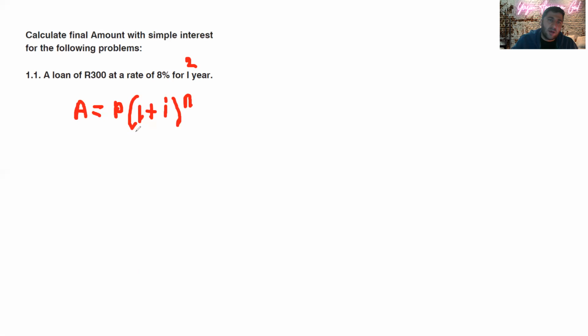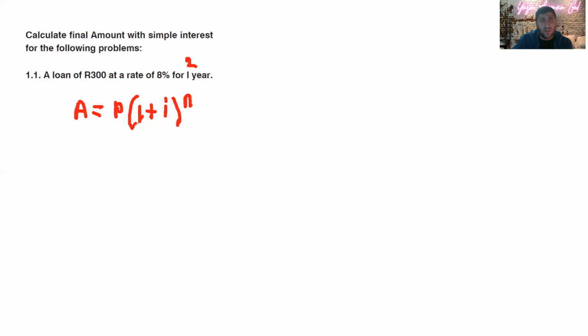Again, guys, A is the final amount. P is the previous or initial amount. The 1 has no function, it just comes in the formula. And i is the interest rate. n is the number of years.